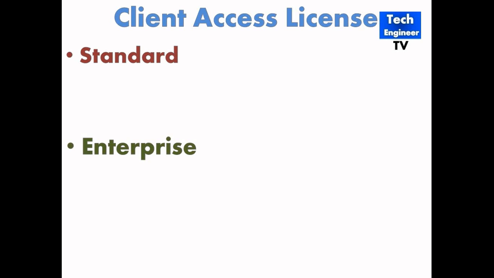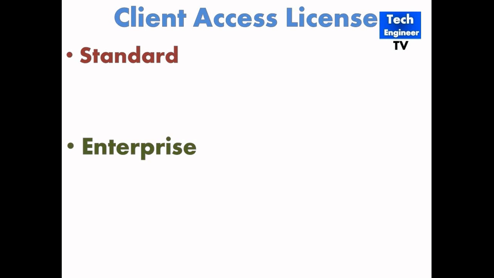And as I said, the client access license needs to be bought. You have to be the owner to use the services of Exchange Server 2010. So this is also of two types, standard and enterprise.